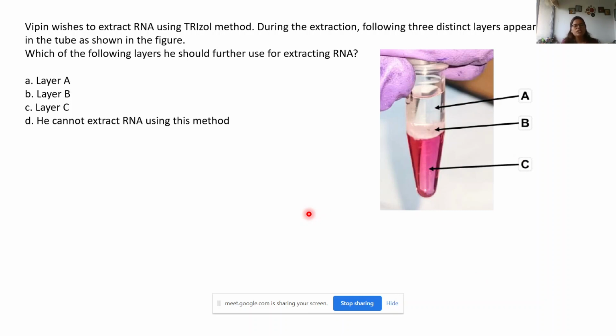But we already discussed in the previous slide that the trizol method is used for all three kinds of biomolecules: proteins, RNA, as well as DNA.